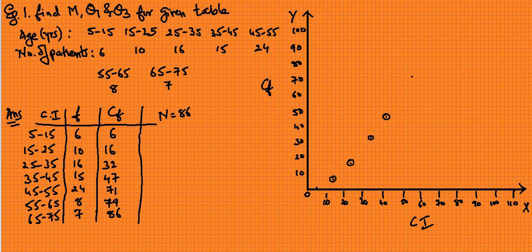Okay, let me change it. For 45 we have 47, so it comes up here. It should be somewhere here, so I'm going to get rid of that one and put it here. So it is 47. Then 55, it is 71, so it will be here somewhere. Then 65 it is 79, so it will be nearest to this one.